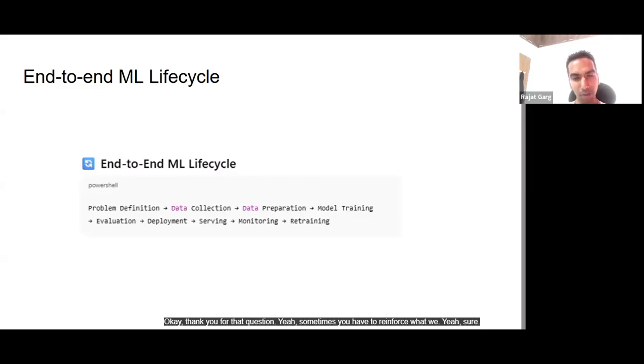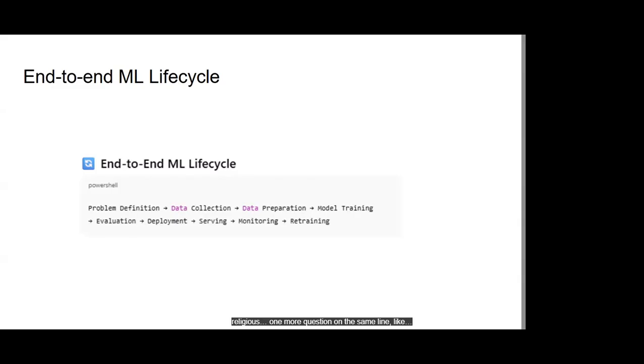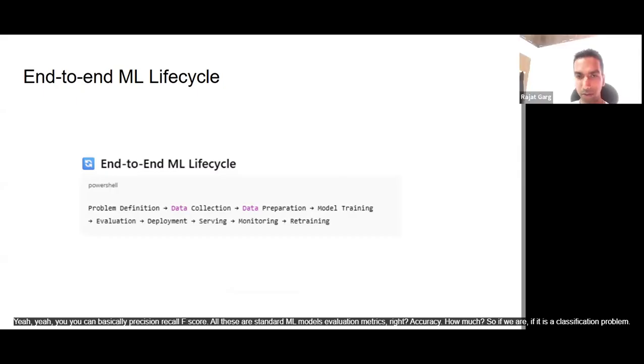One more question on the same line. In the monitoring phase, what metrics do we monitor, and is there any specific tool we use? You can use precision, recall, F-score. All these are standard ML model evaluation metrics.